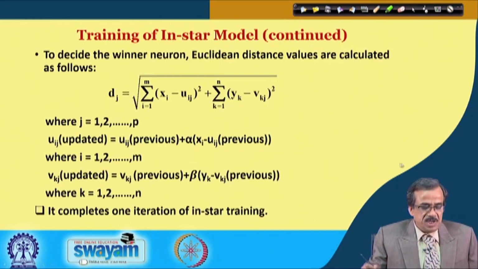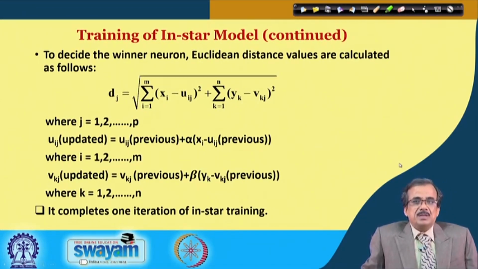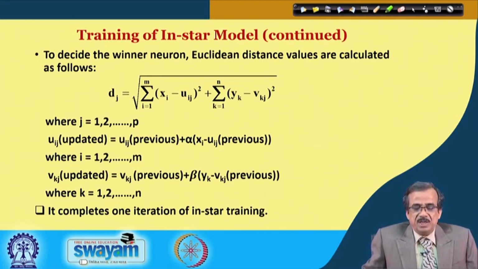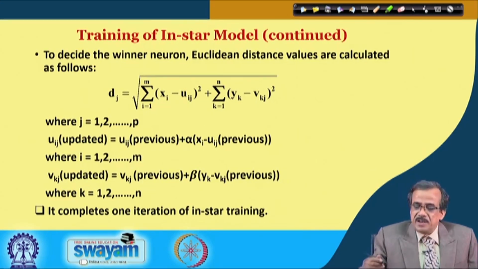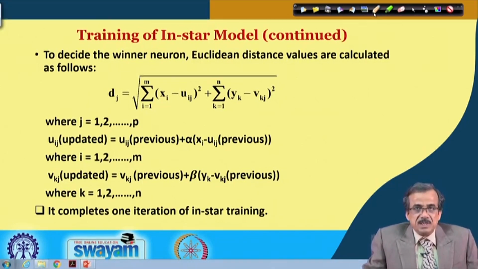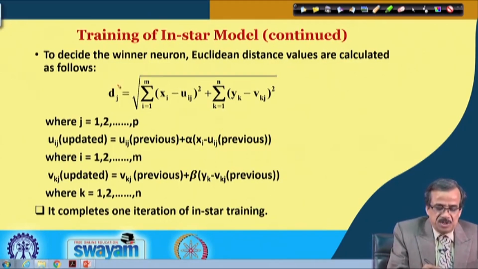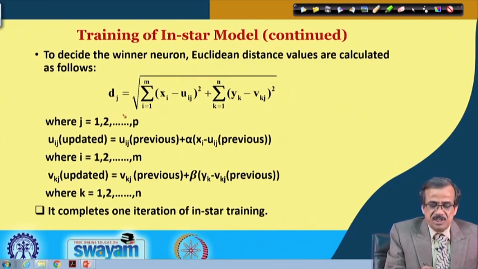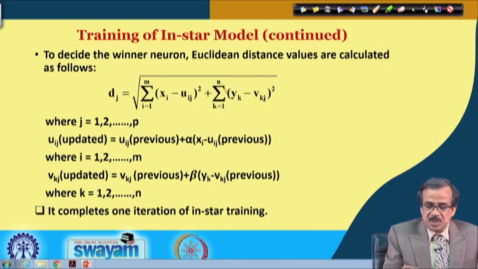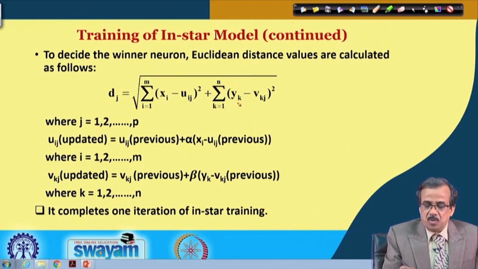Now, if you see, the way this particular winner is declared is as follows. So, we try to find out the Euclidean distance, that is d j. Now, what is d j? This is nothing but the square root of summation i equals 1 to small m, x i minus u i j square, plus summation k equals 1 to n, y k minus v k j square.